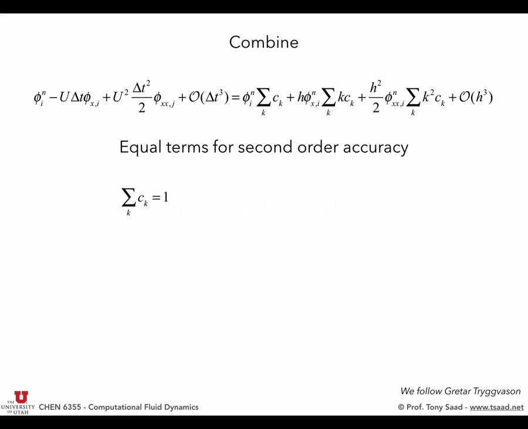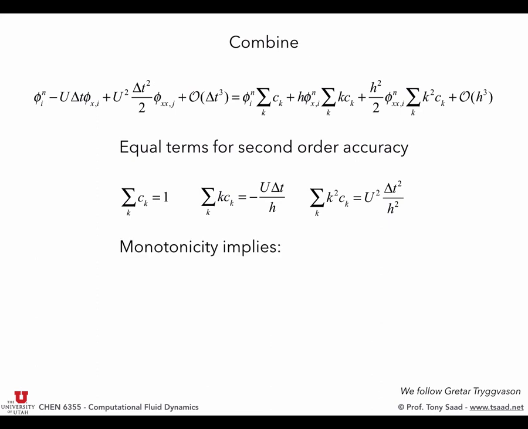And for the coefficient of the first derivative, we have minus u delta t. That should be equal to h sum k c_k. So in other words, you divide by h, and same thing for the third term. You have h squared over 2 sum k squared c_k should be equal to u squared delta t squared over delta x squared. Okay? Now, what does monotonicity imply?